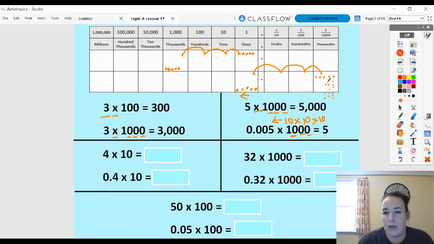I'm not going to draw all of them, which would mean each one of those 10 would move over to the hundredths place. That would only be taking care of multiplying it times 10. So we would have to multiply it by the next 10, which would move my 5 hundredths to my 5 tenths. And then I would multiply it by another 10, which would take it from the tenths to the ones.